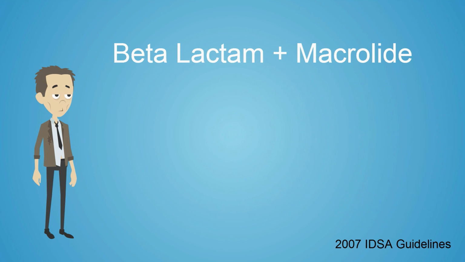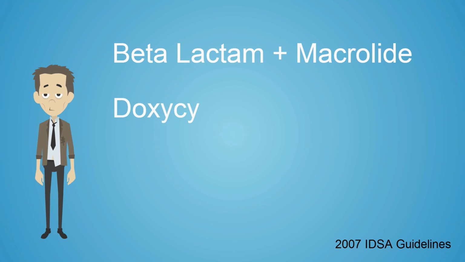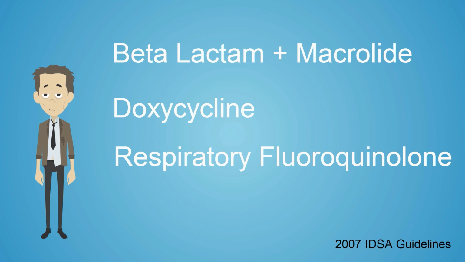First-line therapy is an oral beta-lactam agent and an oral macrolide. Alternative agents include doxycycline or a respiratory fluoroquinolone such as levofloxacin or moxifloxacin. The duration of therapy should be 5 to 7 days.